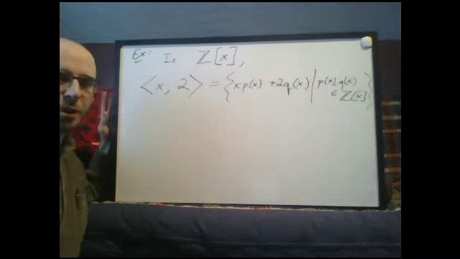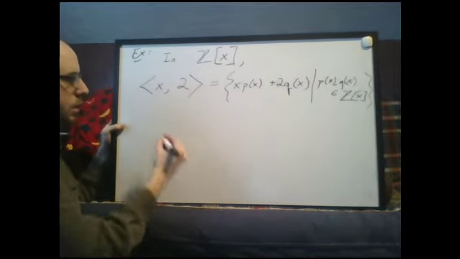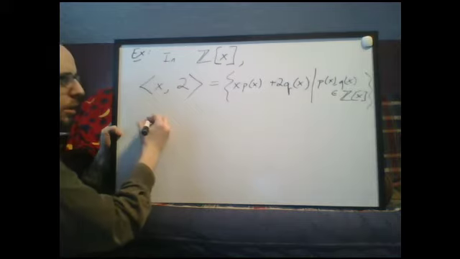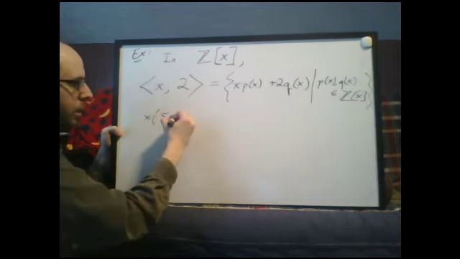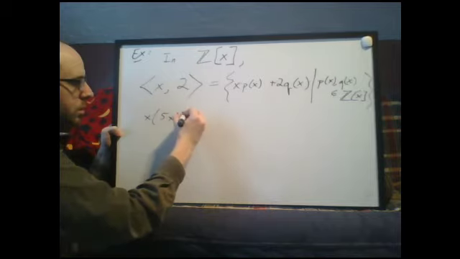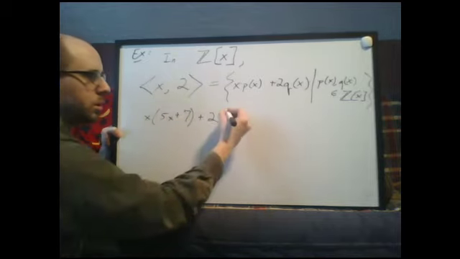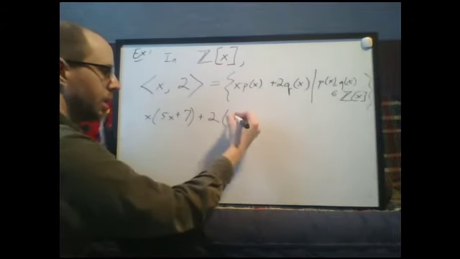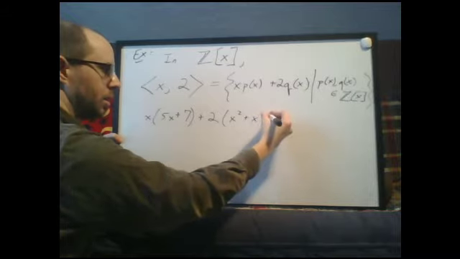Okay, so let me just look at it specifically. Let me make a choice on a p of x and q of x. So, for example, x times 5x plus 7, plus 2 times a q of x, let's say x squared plus x plus 3.